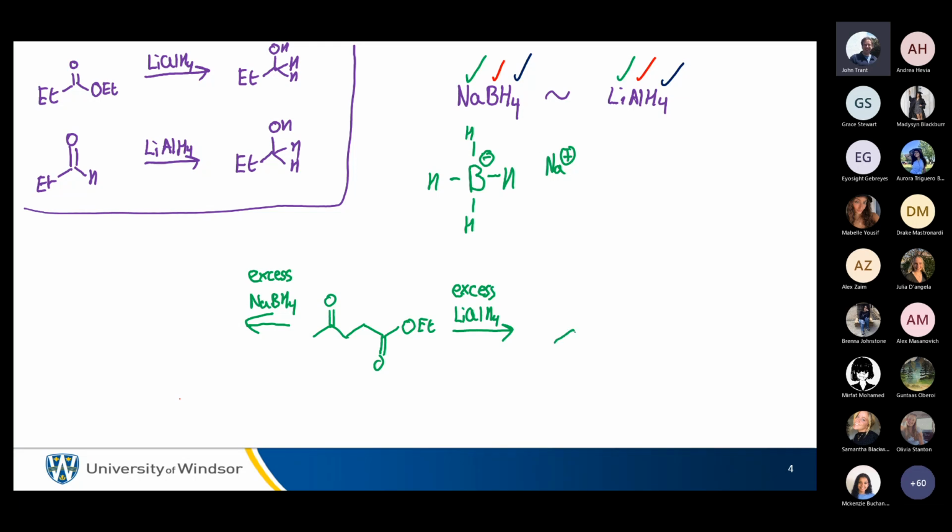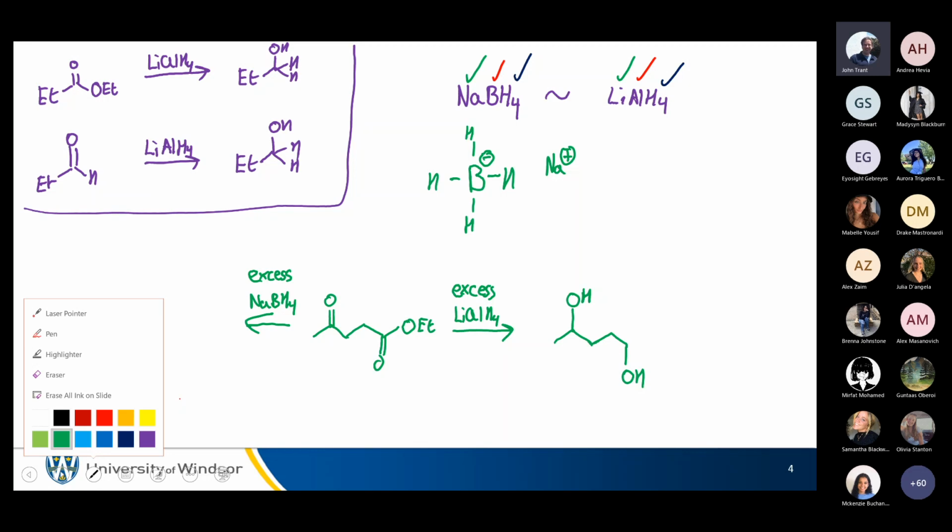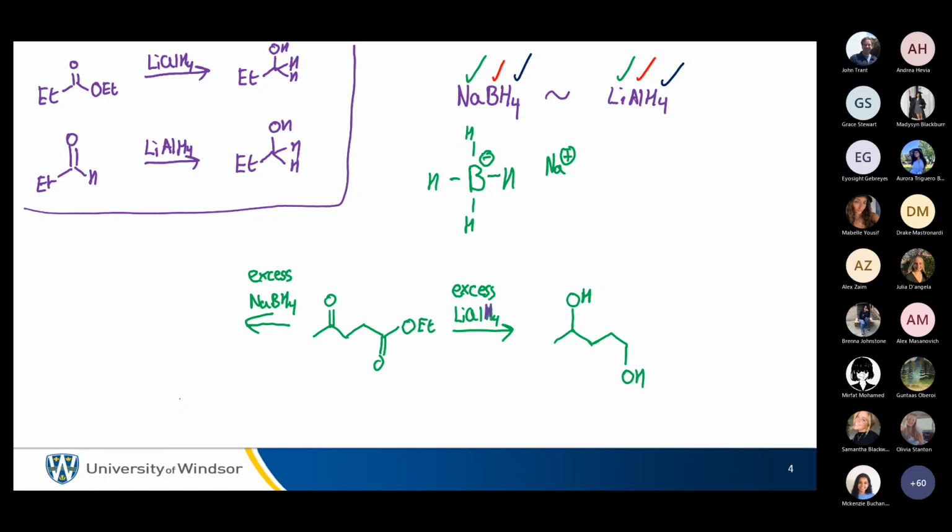So lithium aluminum hydride is going to generate that. These were the new hydrogens that came in from the hydride. There's one there, and there's two there.